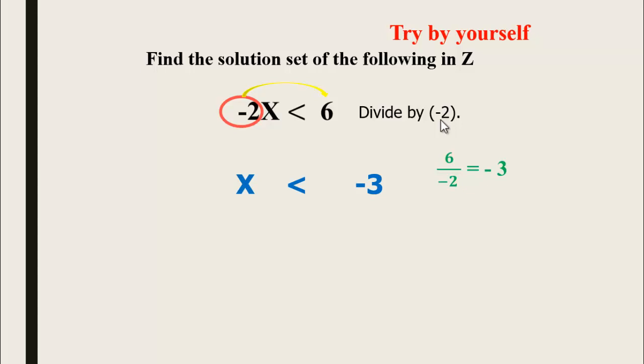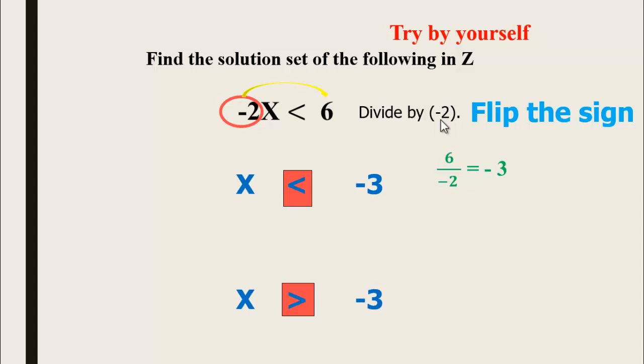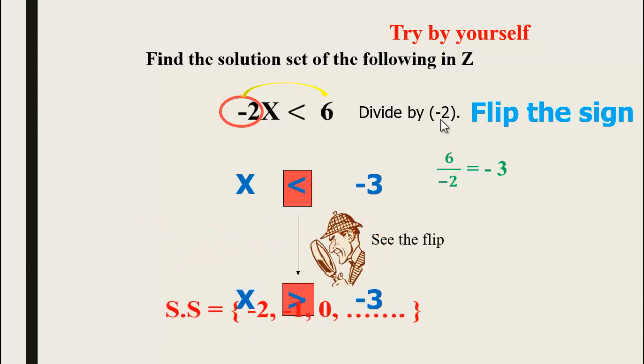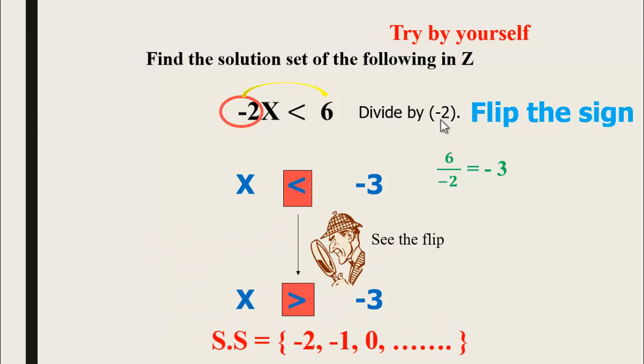Is this answer correct? Exactly, it's not, because I divided by a negative number. I must flip the sign. So x is going to be greater than negative 3. And my solution set will contain all the integers which are greater than negative 3, which are negative 2, negative 1, 0, and so on.